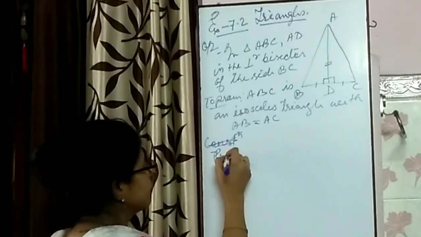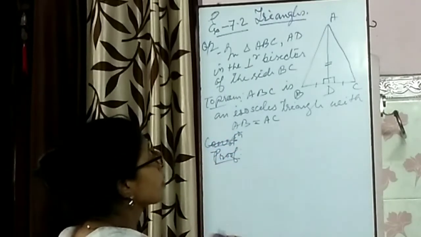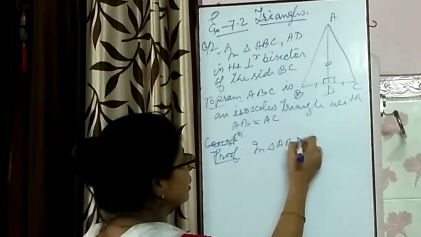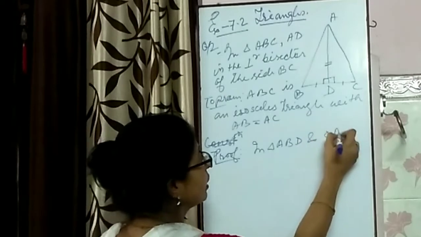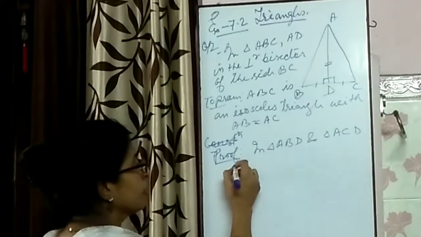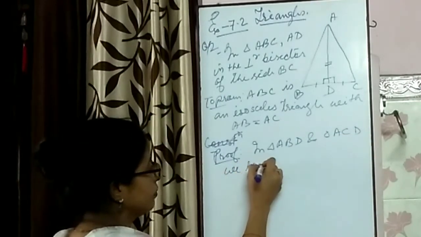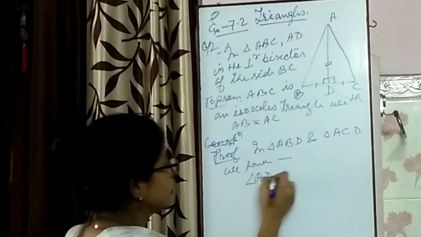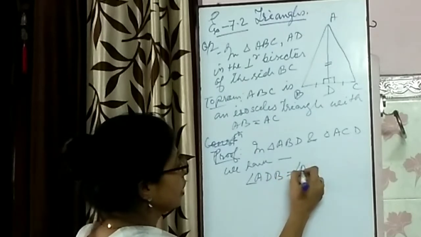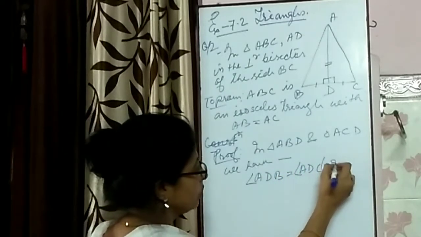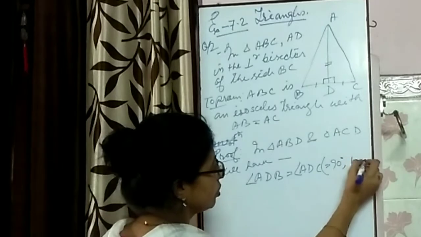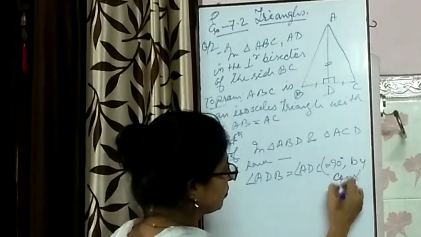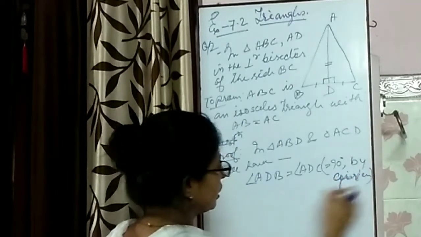Proof part, mention the triangle. In triangle ABD and triangle ACD, we have angle ADB is equal to ADC, which is equal to 90 degrees, by given.